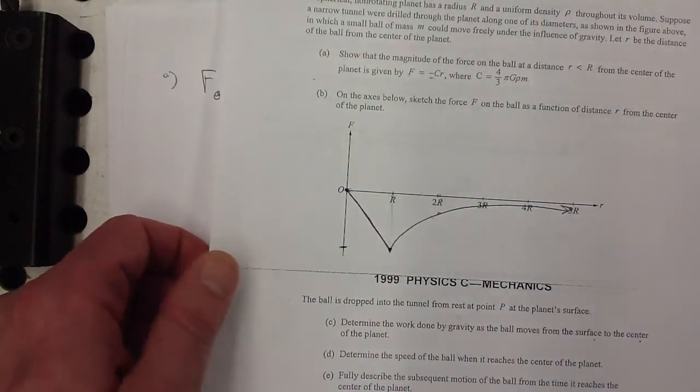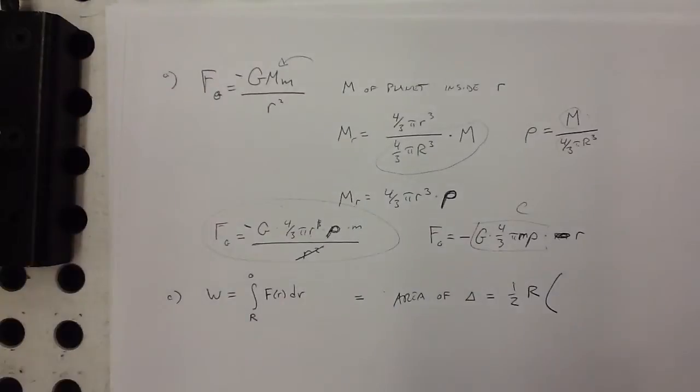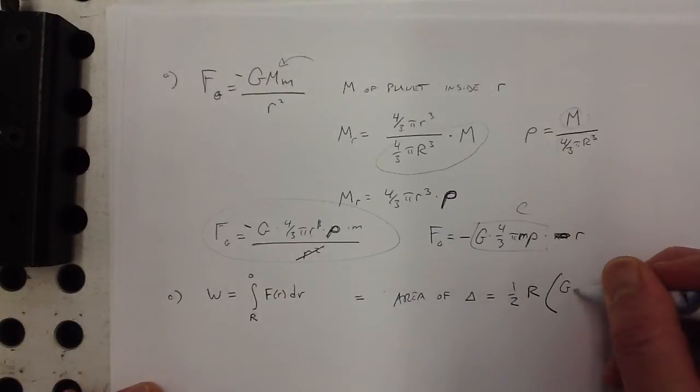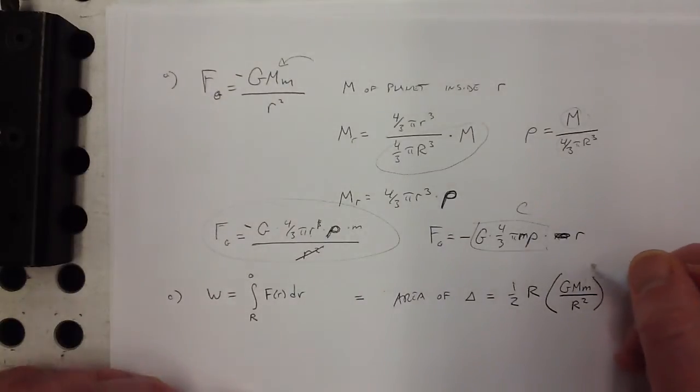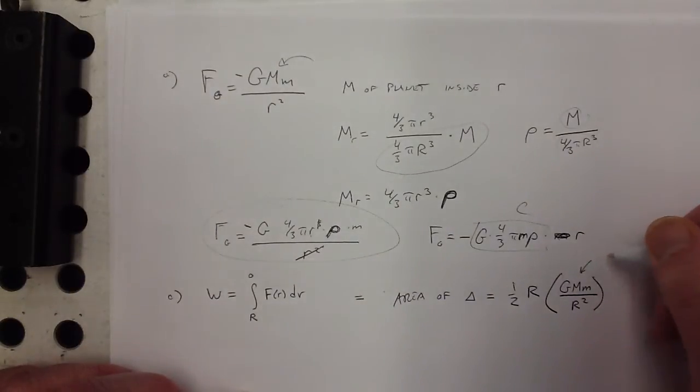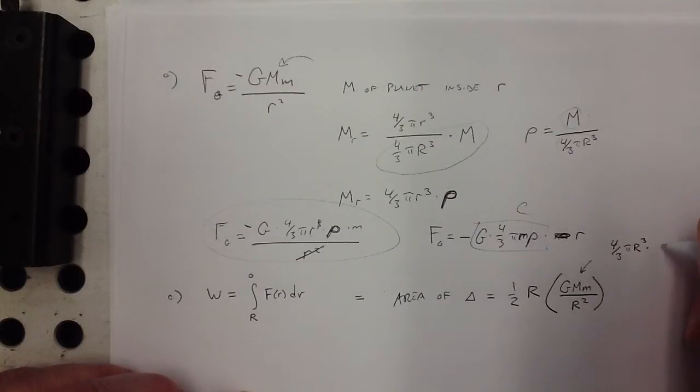The only problem with that is we don't have a capital M to use. That's GMm. Did I say over r? I meant to say r squared. The only problem is, what's that? Well, mass is equal to volume times density, so that's 4/3 pi r cubed times rho.